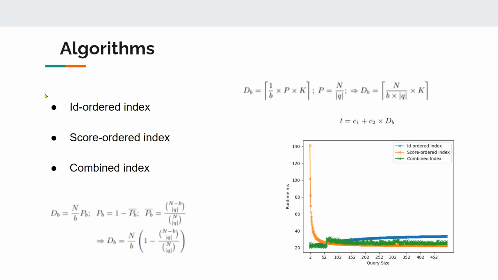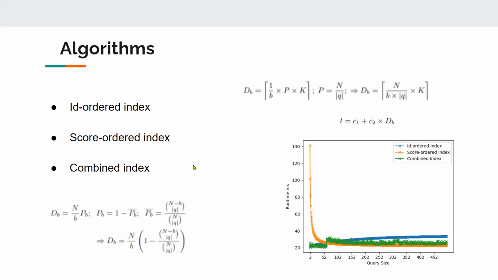In the case of ID-ordered, we calculated dB, which is the size of the data read from the disk, and we did the same for score-ordered indexing. Then we calculated the query runtime, which is t equals c1 plus c2 times dB, where c1 and c2 are constants.